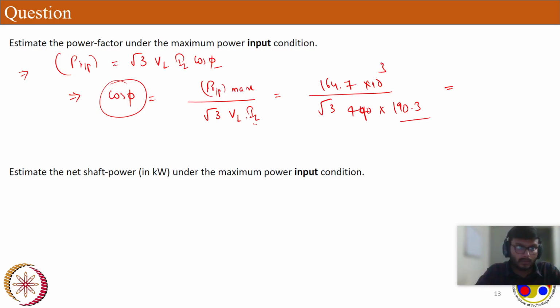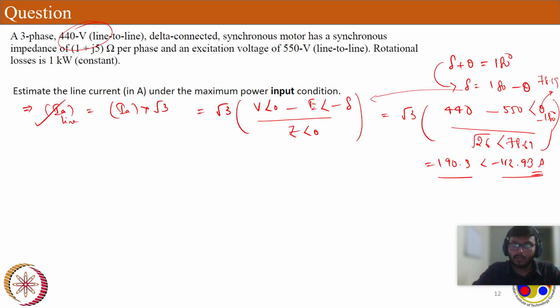Somehow we're getting more than one. That's wrong. Theta minus 180.